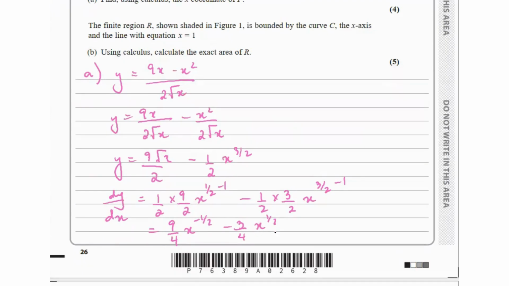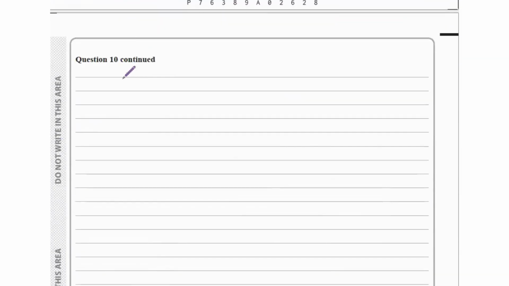Now we put this equation equal to 0. So 9 over 4 root x minus 3 over 4 root x.